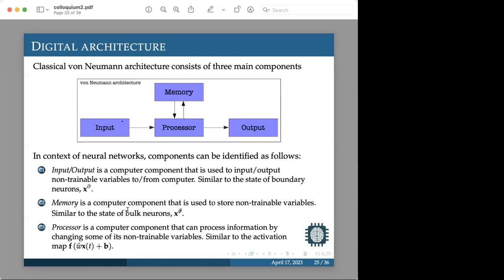It's not designed for learning because the weights and biases are not treated differently. They're treated the same way. So when you work with artificial neural networks, both the states of neurons and the weights and biases are recorded in the same place, and so they're treated equivalently.